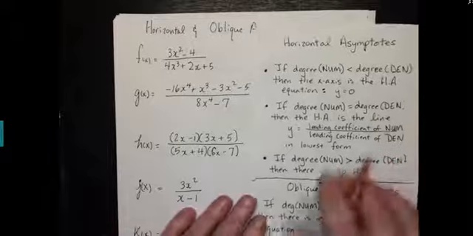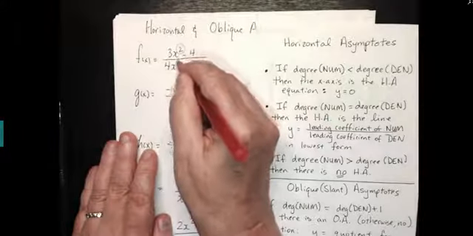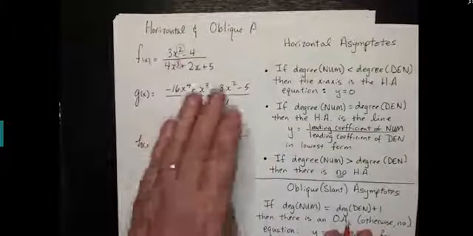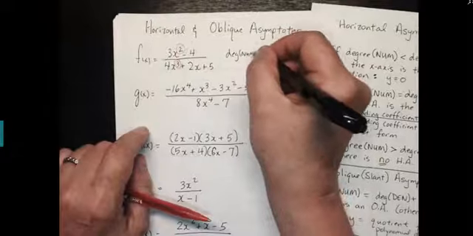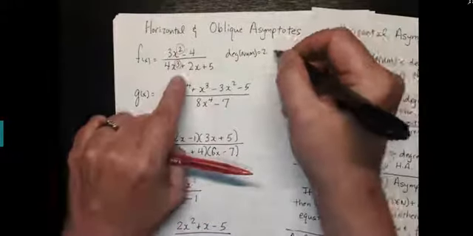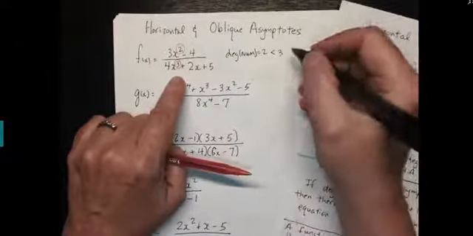We can see the degree of the numerator is 2. The degree of the denominator is 3. So the degree of the numerator here is smaller than the degree of the denominator.